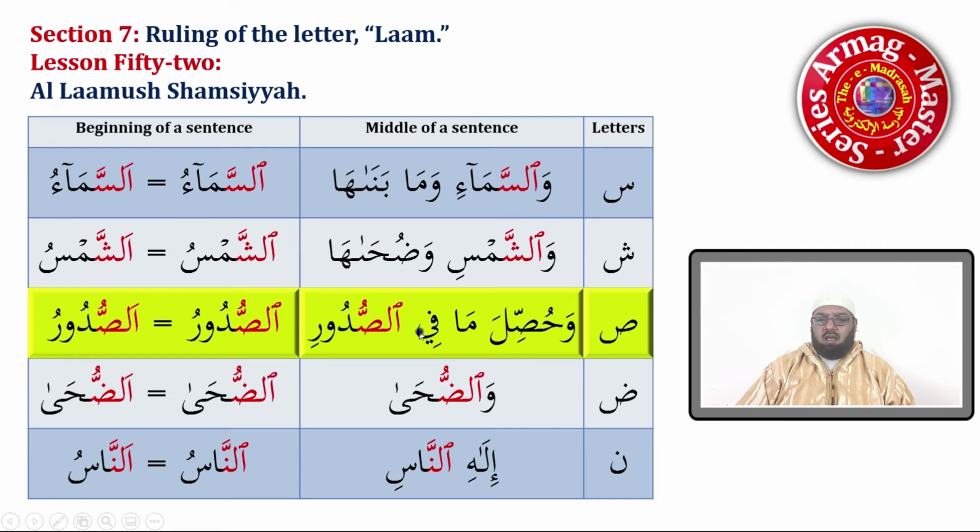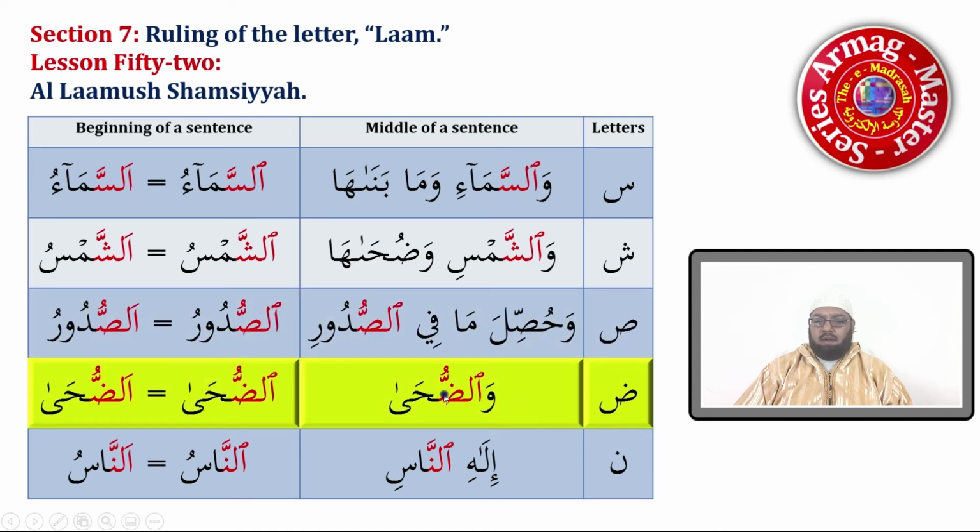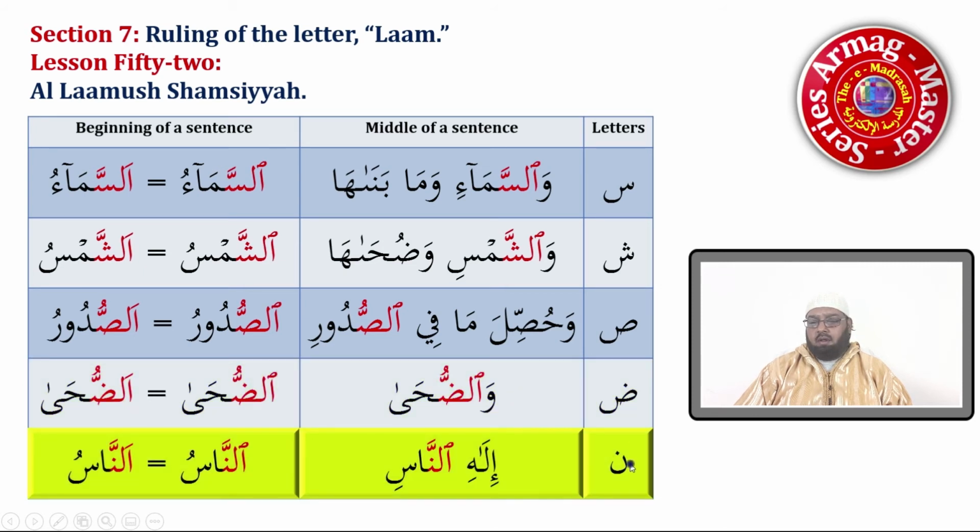So we say Wahussila ma fissudur. Okay? Dad, we have Dad coming after Alif and Lam, so we say Wadduha. Yeah? And the last one is Noon. We have Noon coming after Alif and Lam, so we say Ilahin Nasi.